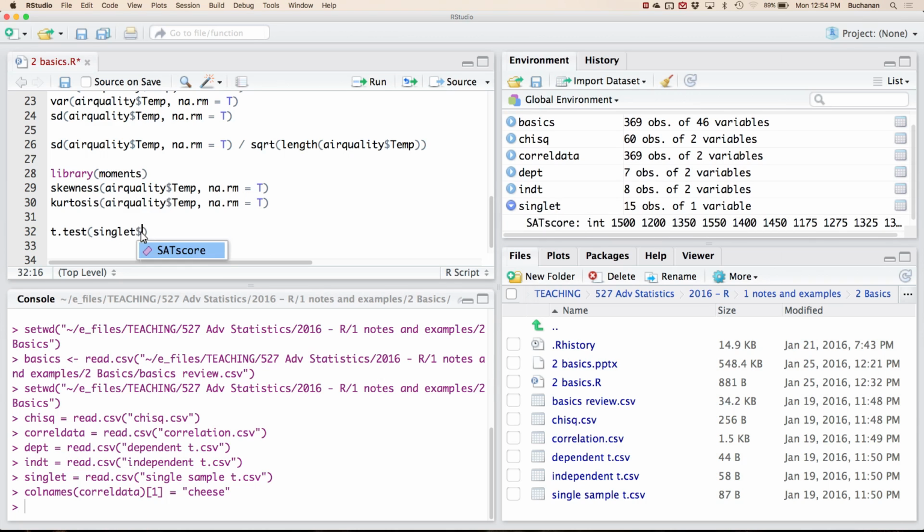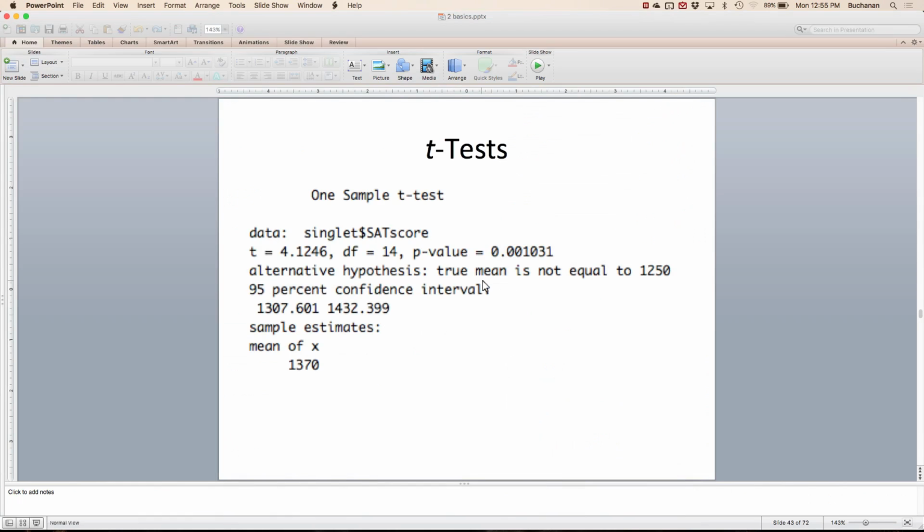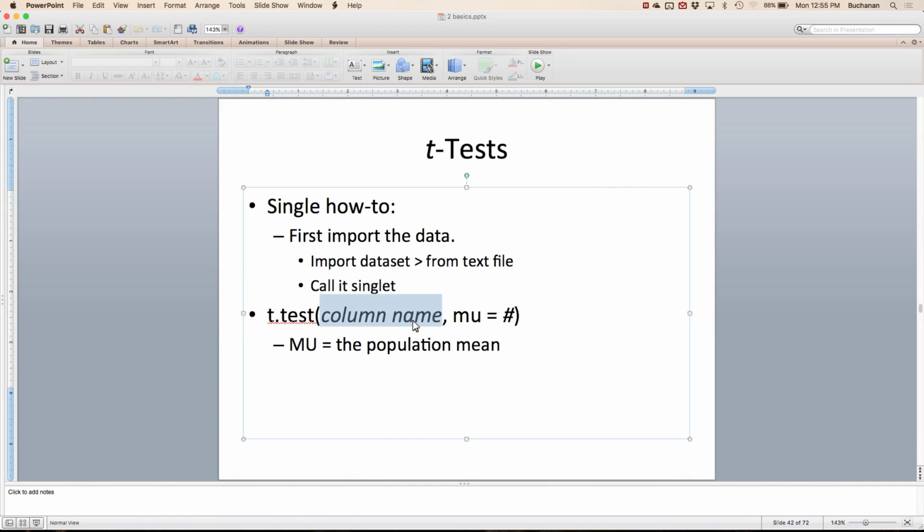So I'm going to do the $ sign, and the SAT score pops up for me. Comma, mu equals 1250. Don't just put comma 1250 because it's going to think you want to compare it to a y of 1250 and it'll freak out. So be sure you leave the word mu equals in there. So we filled in this with the column name and this with 1250.